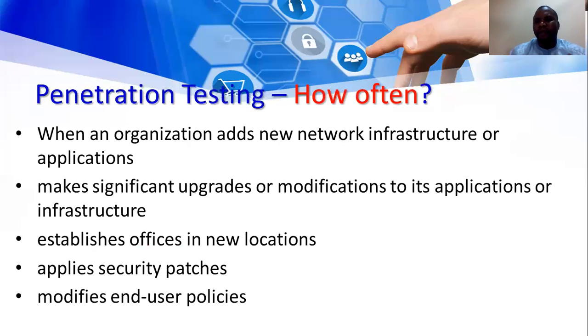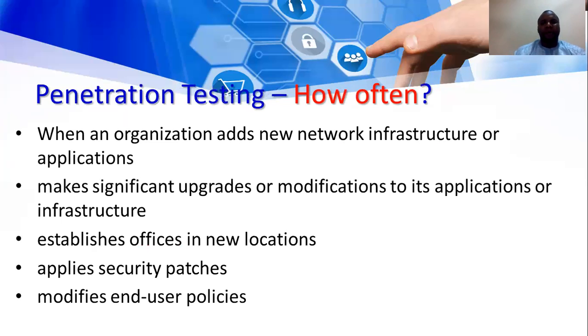To see if there are loopholes that attackers can look at. Then, when an organization establishes offices in a new location, you should know that you have to perform a pen test on that new location to see if there is any vulnerability.